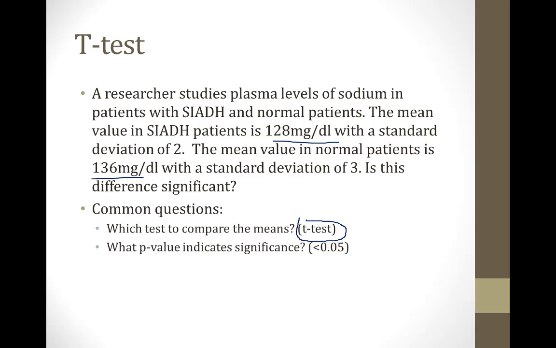Because concentration of sodium is a quantitative variable. It's a number that can go up and down, 128 or 136 in the two groups. And then what p-value would indicate a significant difference between two groups? That would be less than 0.05. And remember, if the p-value is less than 0.05, it means there is less than a 5% chance that these two differences in means were due to chance alone and aren't differences in true mean values between the groups.